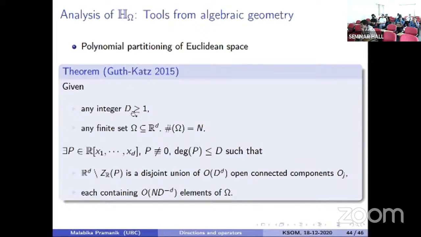For any integer capital D and any finite set Omega of cardinality capital N, we can find a non-trivial polynomial P in d variables of degree at most capital D, such that the zero set of P decomposes the space into big O of D to the d many open connected components, each containing at most big O of N divided by D to the d elements of Omega.